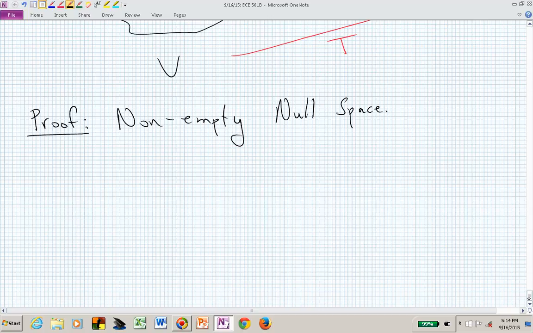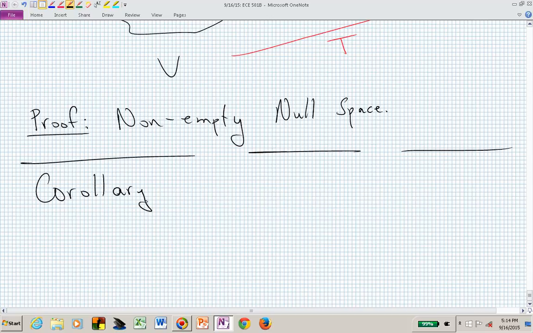Let me quickly write down the next corollary, which is just sort of the opposite relationship. It's about surjective maps, corollary 3.6.